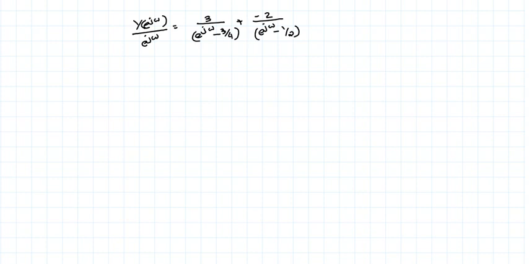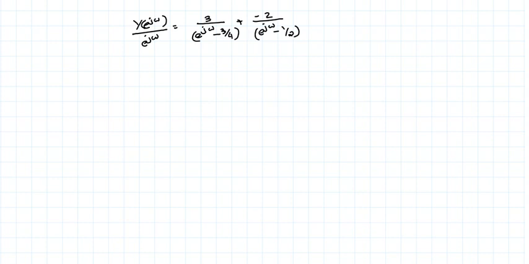I can write Y of e raised to j omega by e raised to j omega is equal to, a becomes 3, so 3 by (e raised to j omega minus 3 by 4) plus minus 2 divided by (e raised to j omega minus 1 by 2). So I simply substitute a and b.